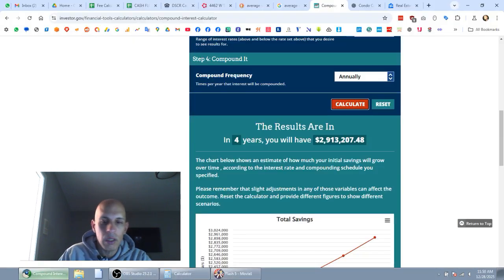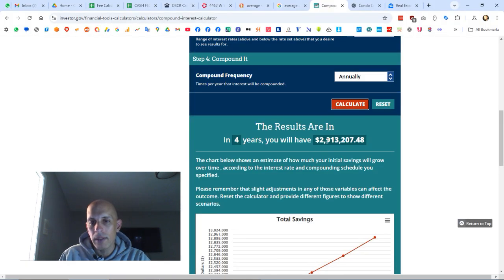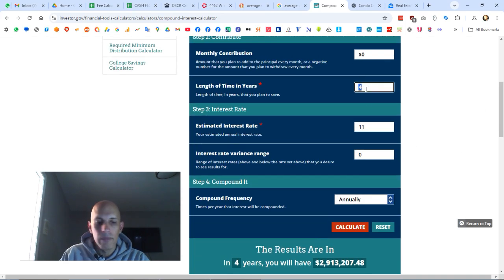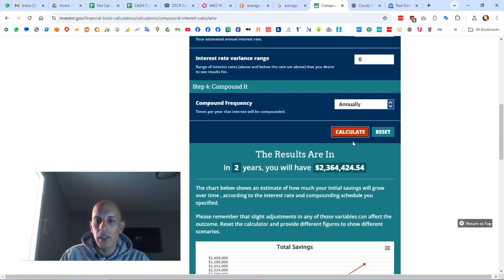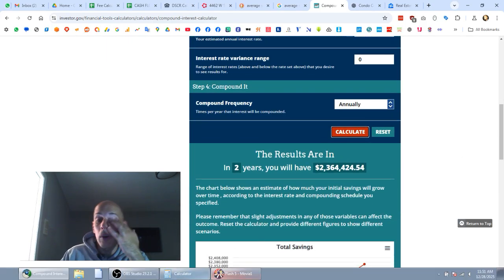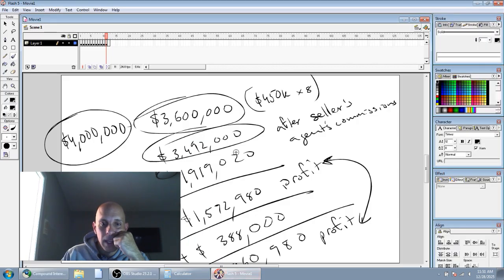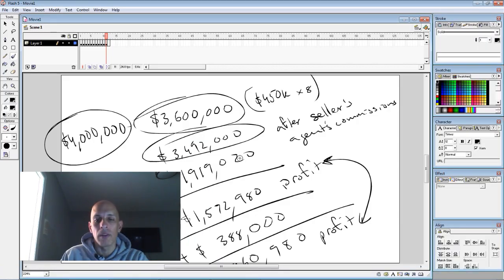Whereas over here, you're walking away with an asset that's worth between 2.9 million in 4 years and 2.3 million in 2 years. So yeah, this is how you make more money out of this property. This is how you maximize this particular property.